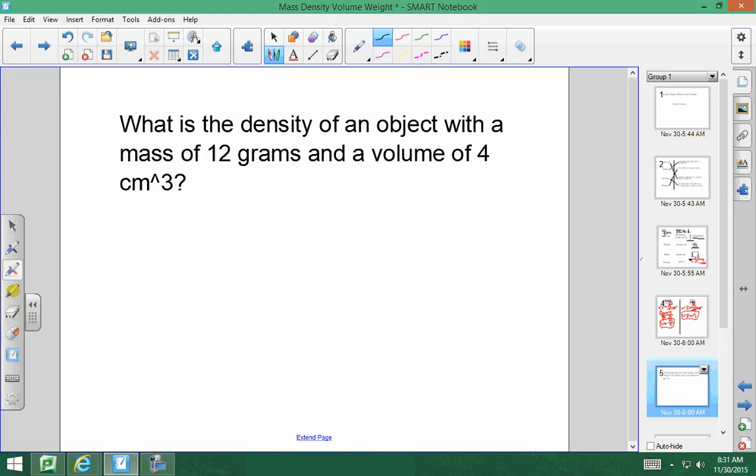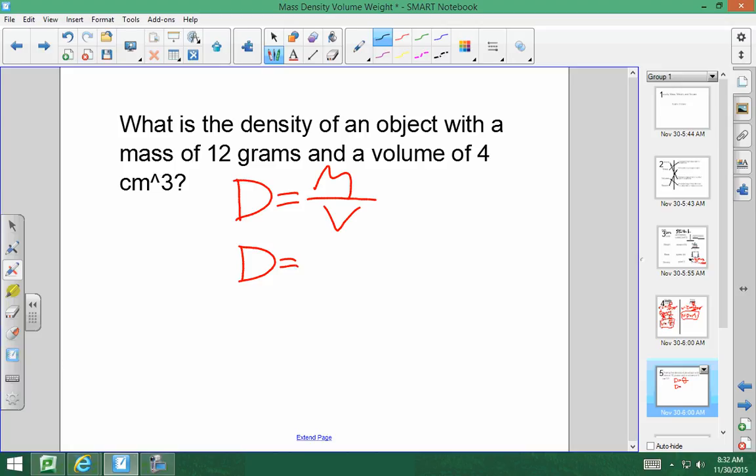Let's calculate the density of an object when we have the mass and the volume. So let's use our equation: density equals mass over volume. And now all we have to do is plug in the values in our problem to the equation. We're looking for density, so that'll still be a variable.